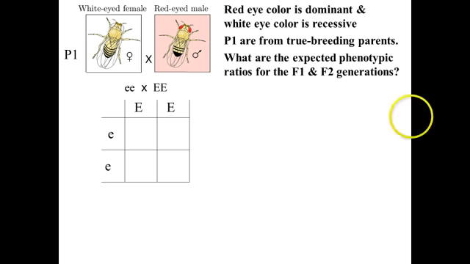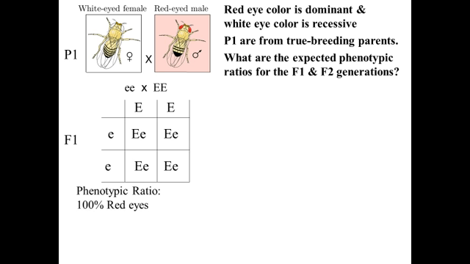The male can only produce big E gametes, the female can only produce little e gametes, and so 100% of their offspring would be heterozygous, and the phenotypic ratio would be 100% red eyes for the F1 generation.